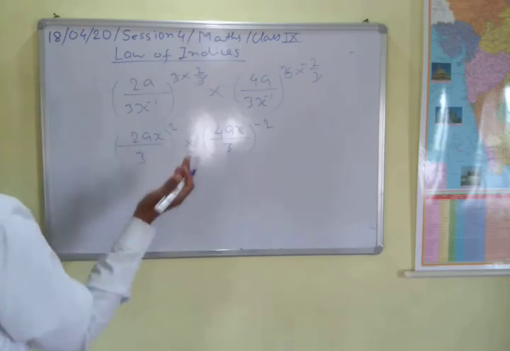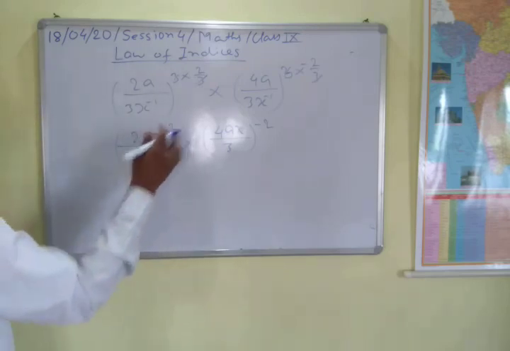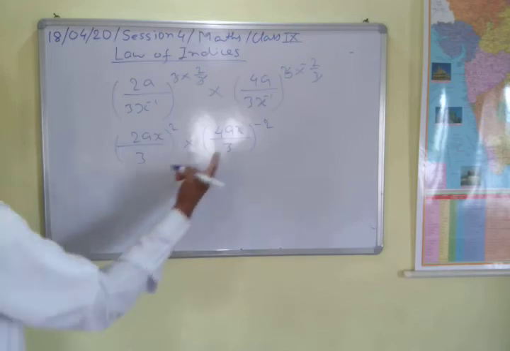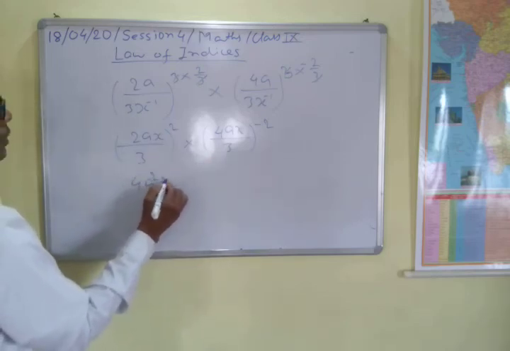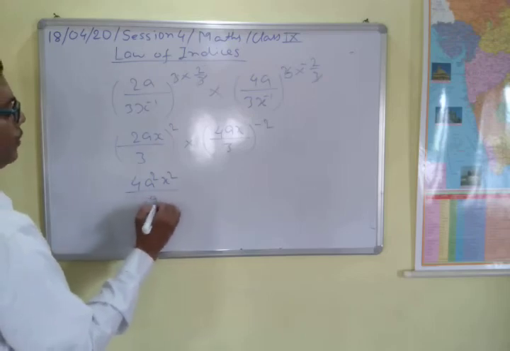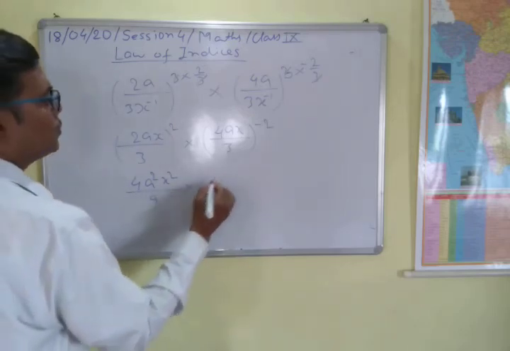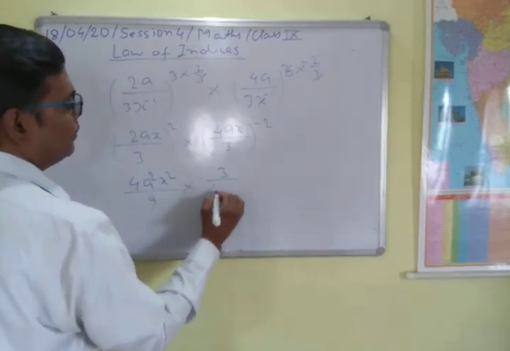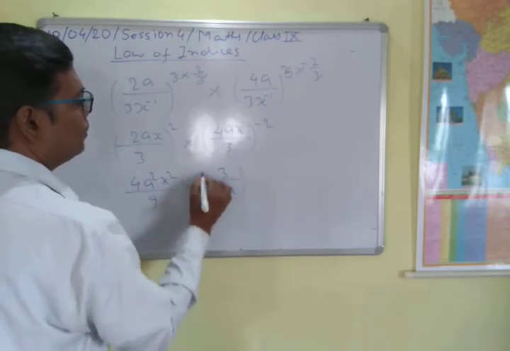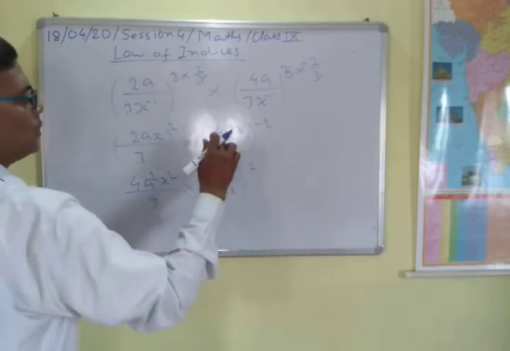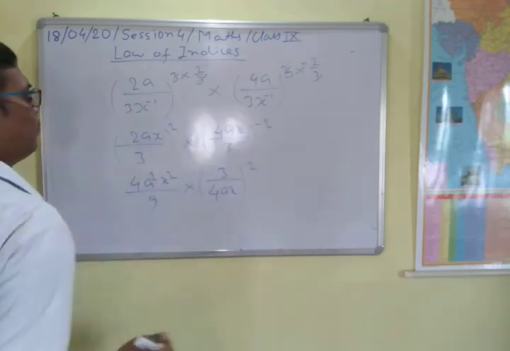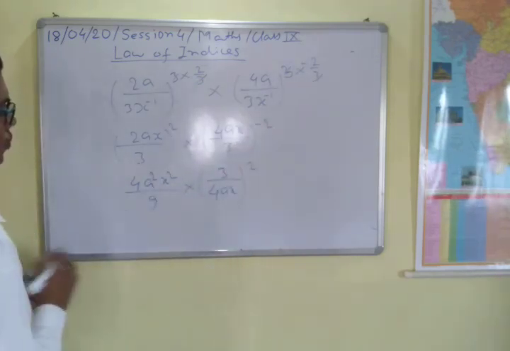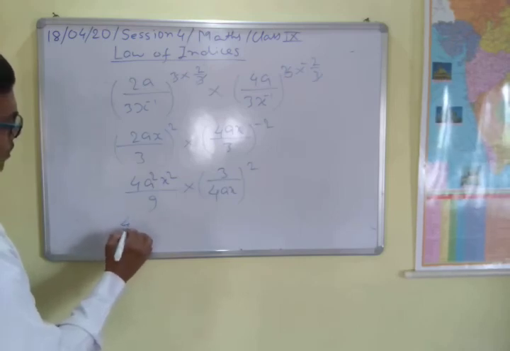Now here we can open this bracket, or simply this will be 4a square x square by 9, and this will be 3 by 4a x to the power 2, because this is the 4ax by 3 and I have written here 3 by 4ax, so the power will be positive in this case.